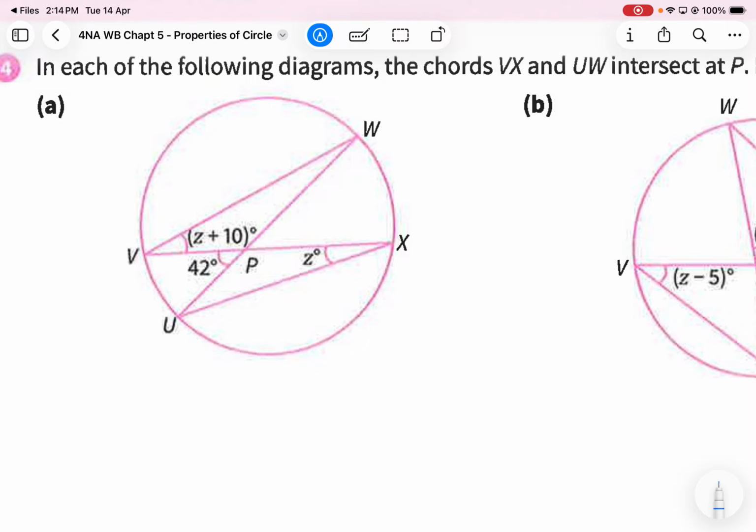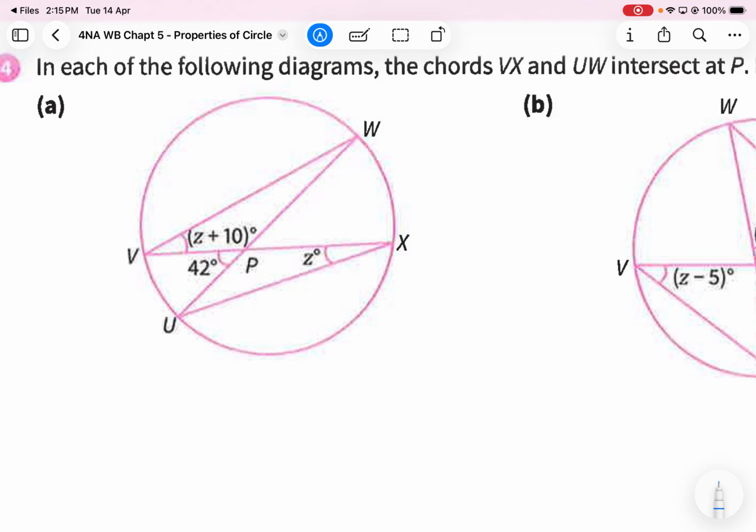Okay? Then the other way, V and U, they meet at W, they meet at X. So these angles are the same. Okay? So if we use these two properties, we put them together.